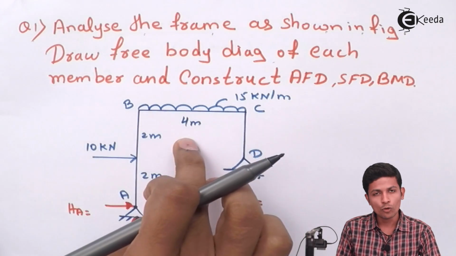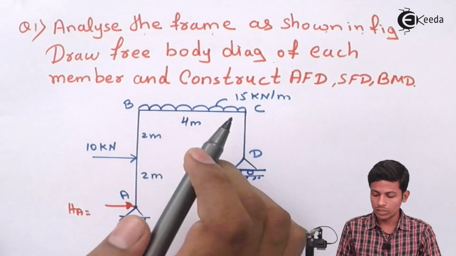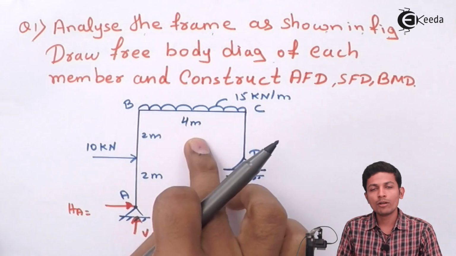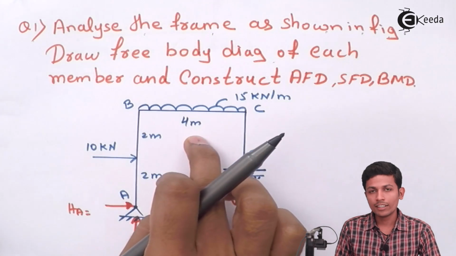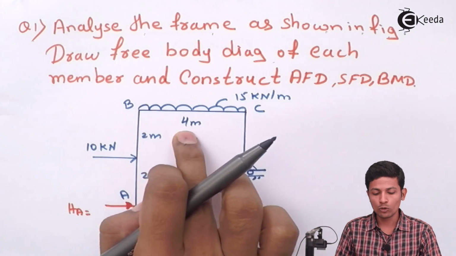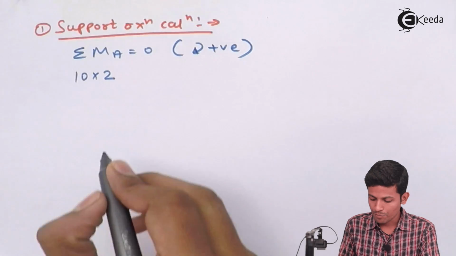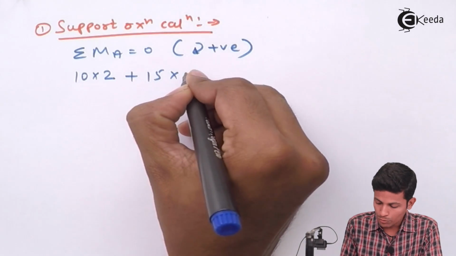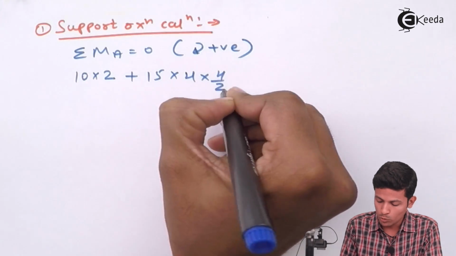This is 15 into 4, into 4 by 2. This distance will be 4. So 15 into 4 will be the load and the distance will be 4 divided by 2. So you can write over here plus 15 into 4 into 4 divided by 2.